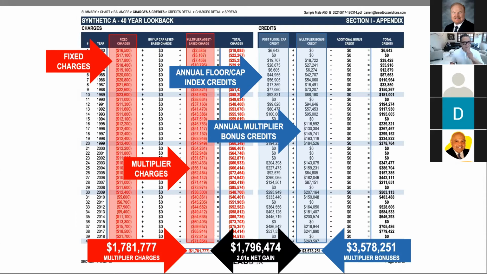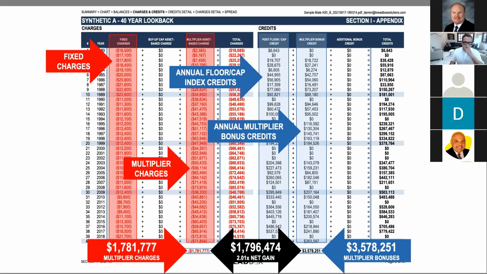So the total net gain between the multiplier charges and the multiplier bonuses was almost $1.8 million. That is greater than double the return on investment if we compare the multiplier charges to the multiplier bonuses. I think that tells a pretty compelling story regarding multipliers.